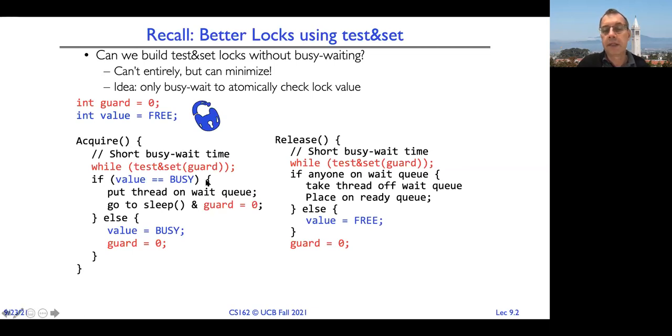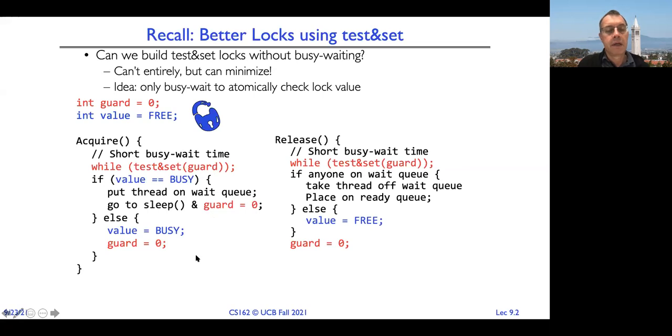If the value is busy, meaning someone has acquired the lock and is in the critical section, you put the thread on the wait queue, go to sleep, and then reset the guard. Basically, the guard freezes a lock for the critical section concerned with updating the busy value.